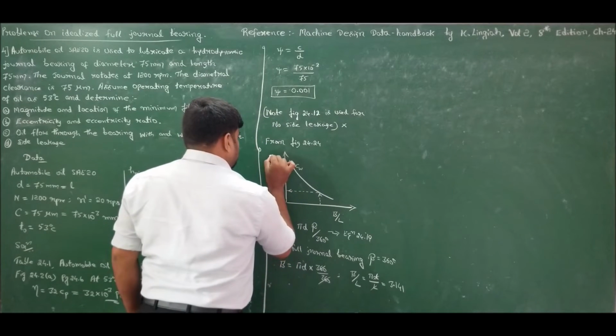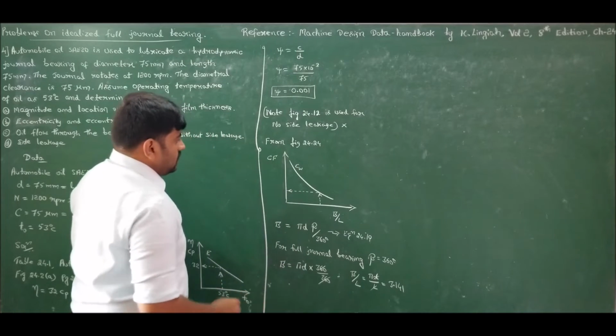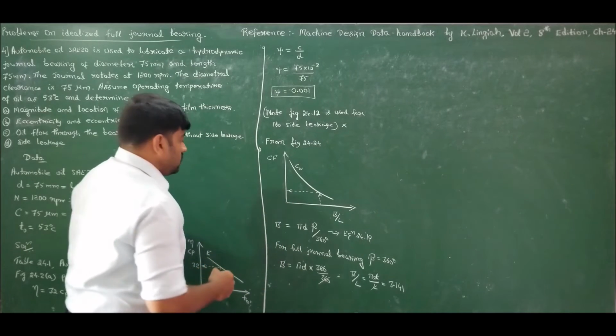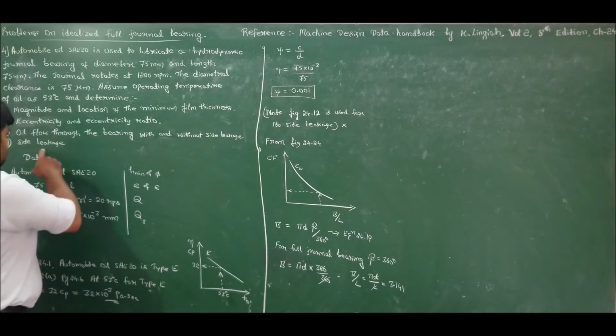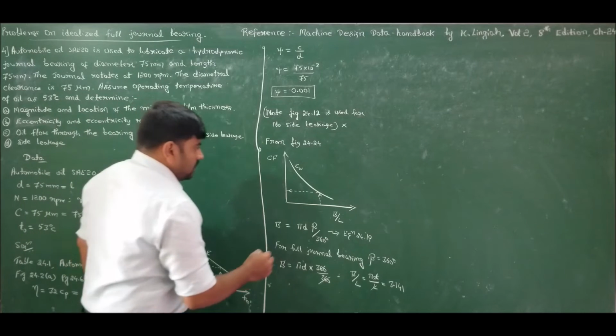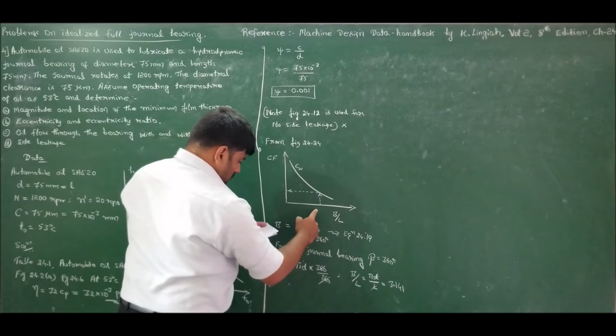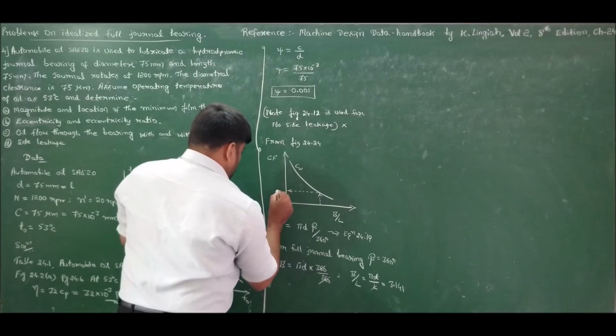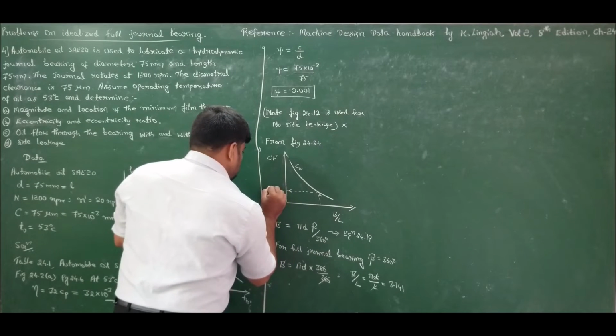I get the correction factor. Here I am considering the load correction factor due to side leakage, because he has specified the side leakage. At 3.14, if I intersect and plot, I get the value of load correction factor due to side leakage as 0.085.